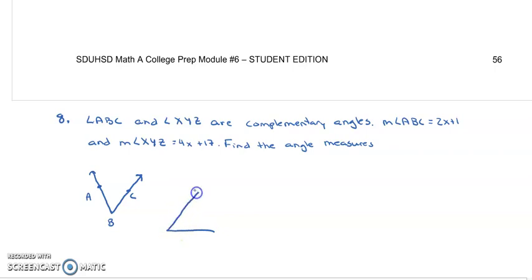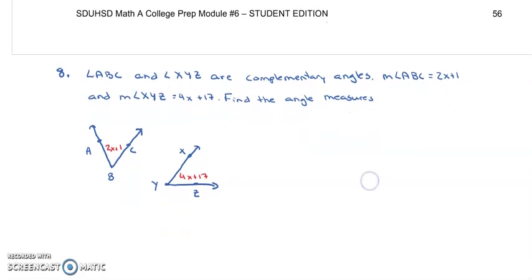They're not going to be touching each other because they don't have any letters in common. So angle X, Y, Z. From here, I can fill in the missing information. I know that this is 2x plus 1, and this is 4x plus 17, and I know that these are complementary angles.